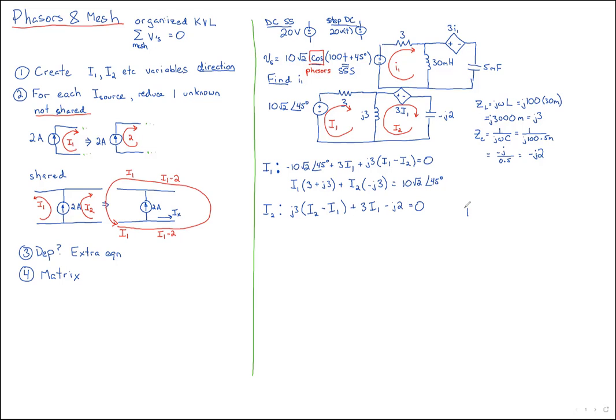What Cole did, which is not correct, but it's close, is he was going to solve for what I1 is. And he looked over here and he said, well, there's a 10 square root of 2 at 45 degrees on this side of the voltage source between here and here. So therefore that must be the voltage across this resistor. And so therefore I1 has to be equal to that voltage source divided by 3.